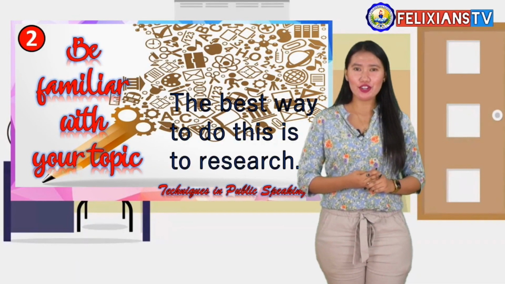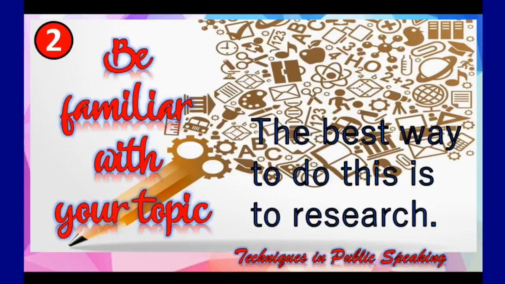Now, tip number 2. Be familiar with your topic. The best way to be familiar with your topic is to research different details and information about it. You really need to know the details of it so that your audience would know what information you are trying to say. Tip number 3.